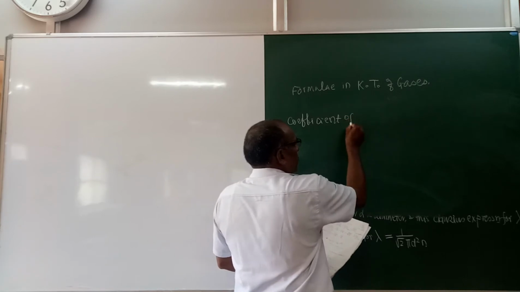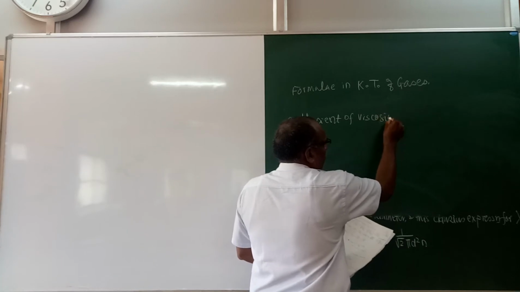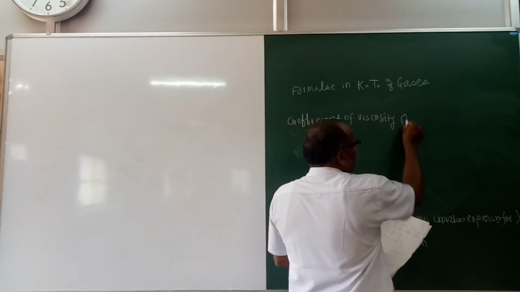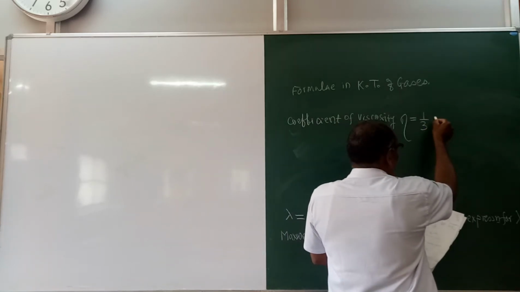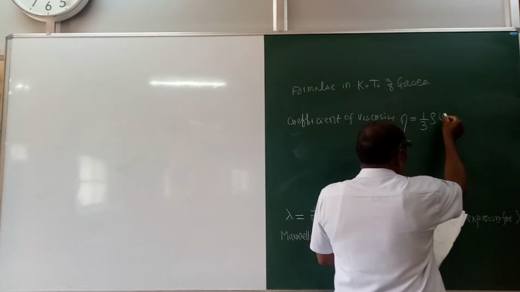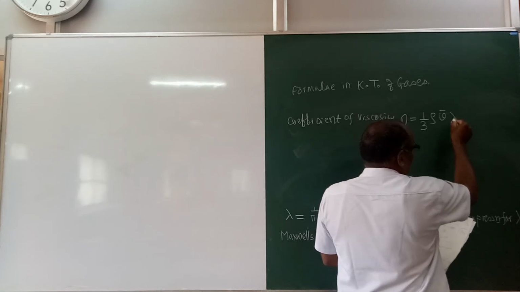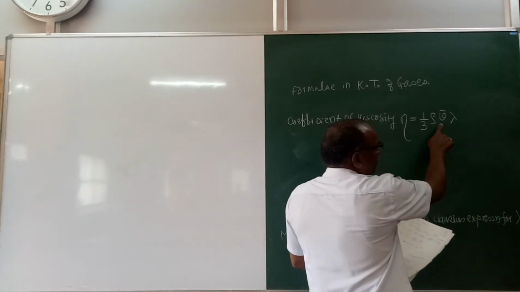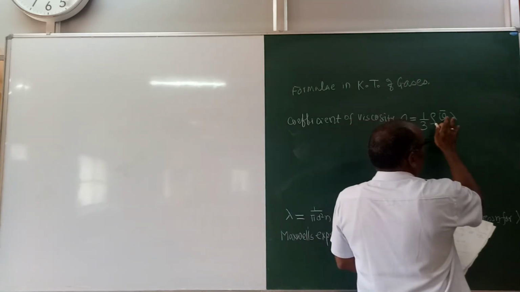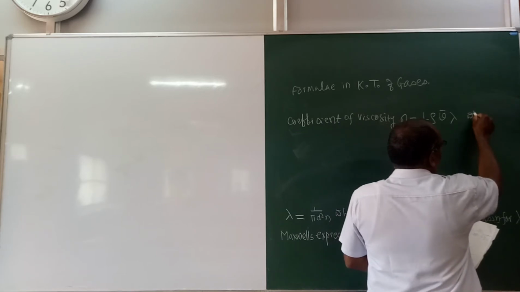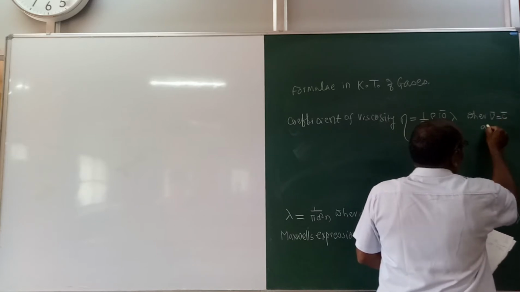The coefficient of viscosity eta is equal to 1/3 rho v into lambda, where lambda is the mean free path, v the average velocity, and rho the density. Instead of v you can even write c bar, the average velocity.